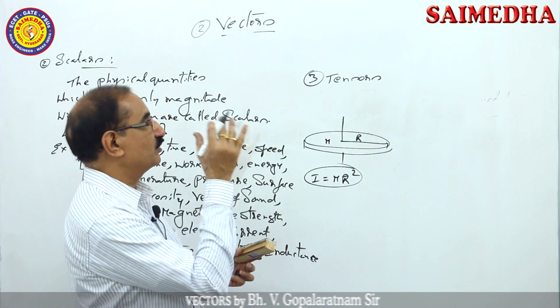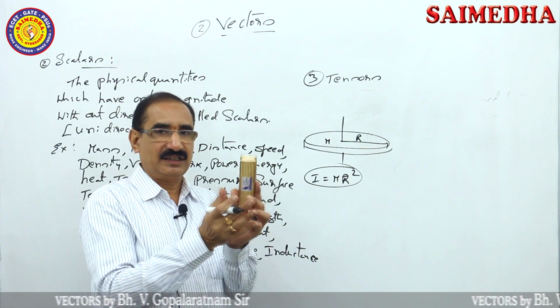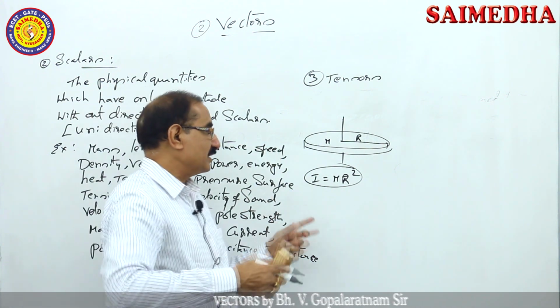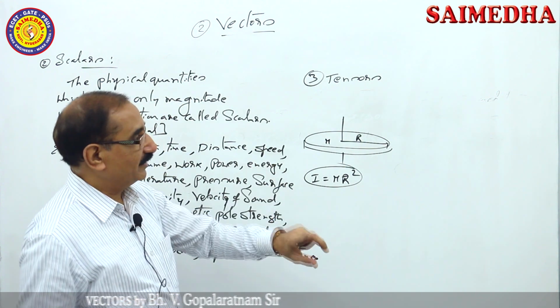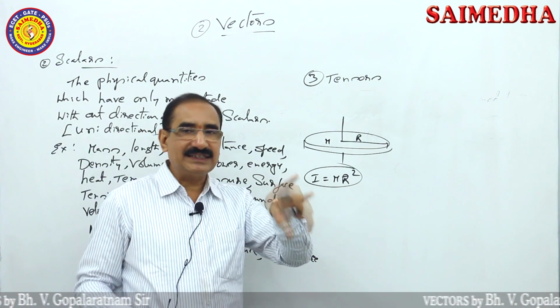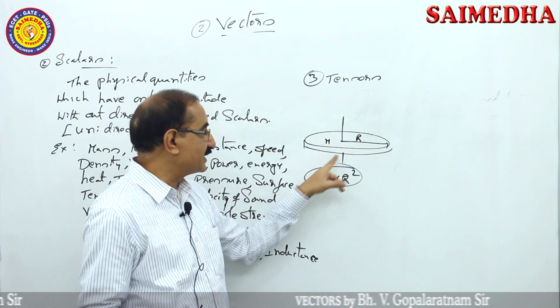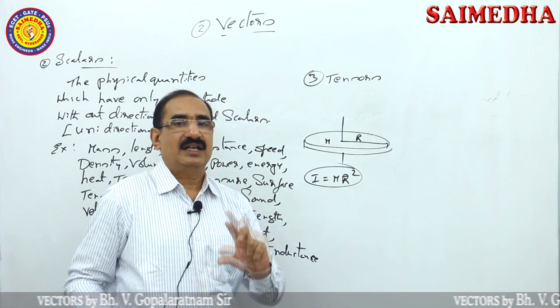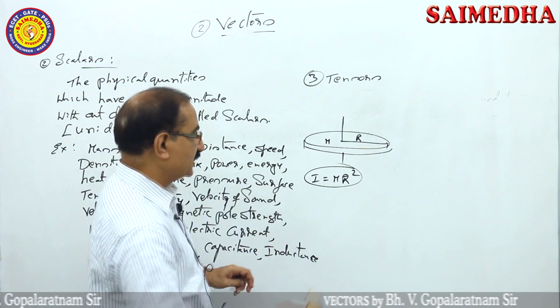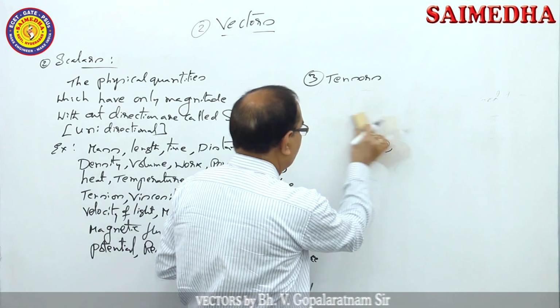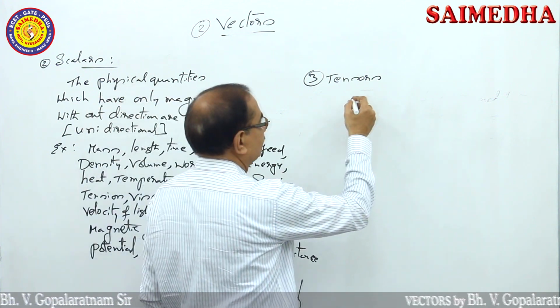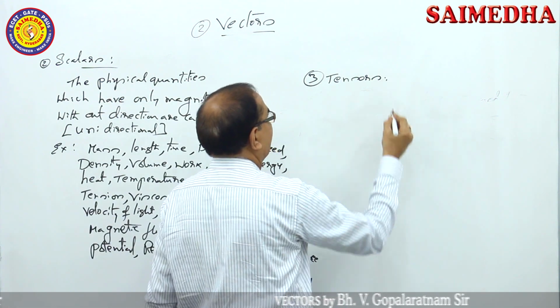So it cannot be a vector. Then maybe a scalar? If it is a scalar, the magnitude should be the same in all directions. The magnitude is not the same in all directions. So moment of inertia is neither vector nor scalar.